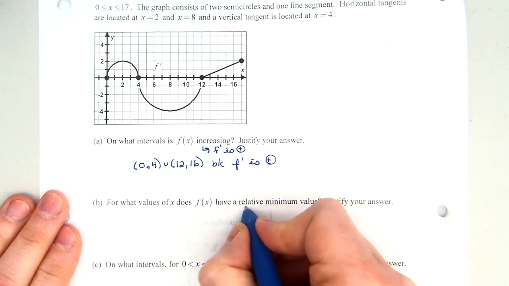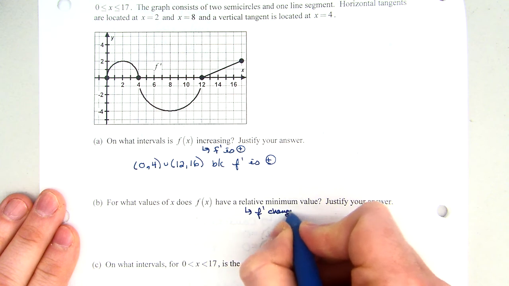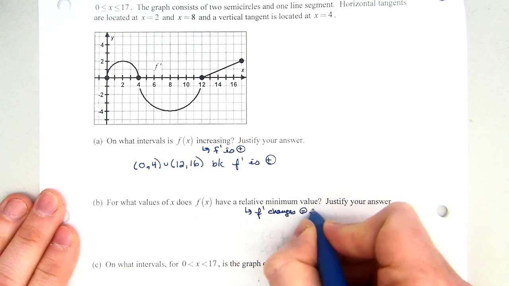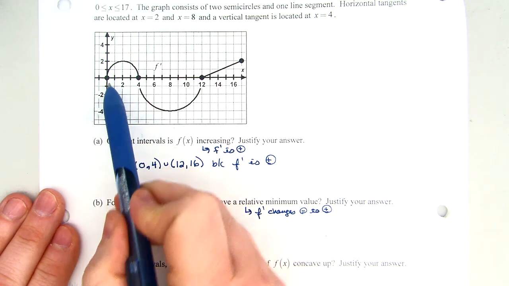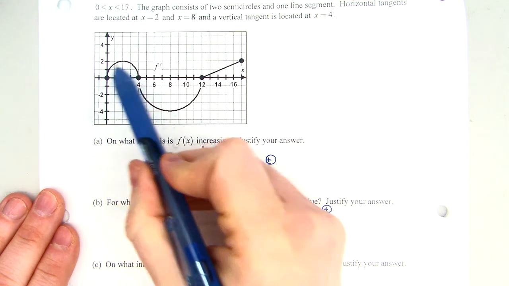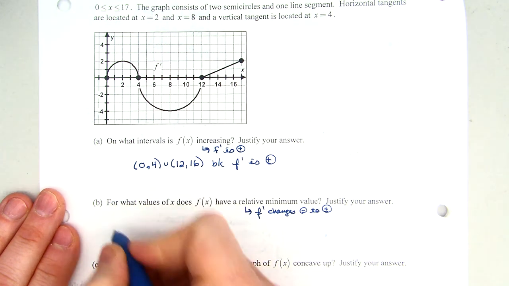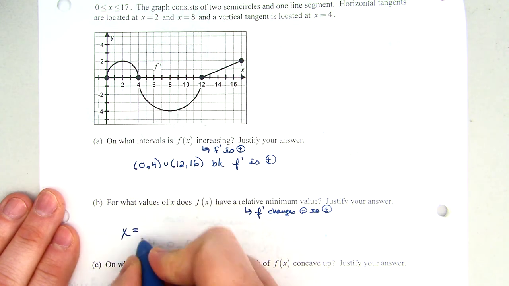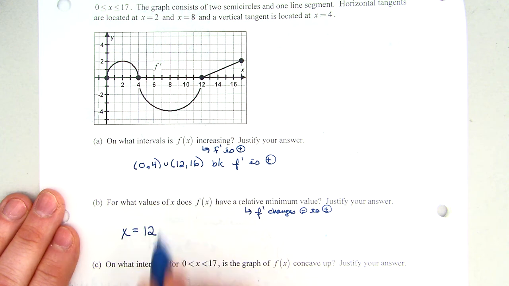Relative minimum occurs where f prime changes from negative to positive. Okay, well, this is the graph of f prime, so I'm looking at my y values over here. I'm thinking x equals 12 is where those y values are changing from negative to positive. So I'm going to say x equals 12. I just wanted x values, not coordinates. Do not tell me 12 comma 0.